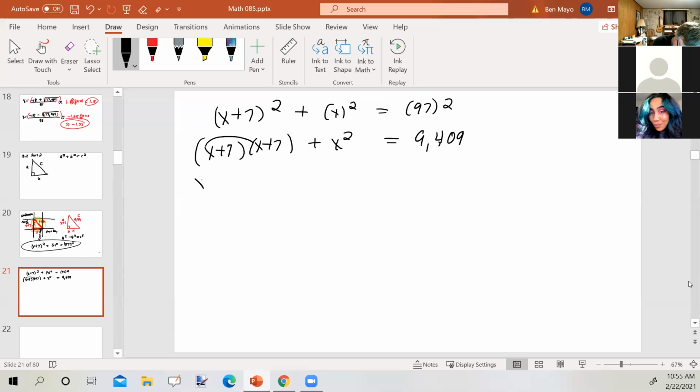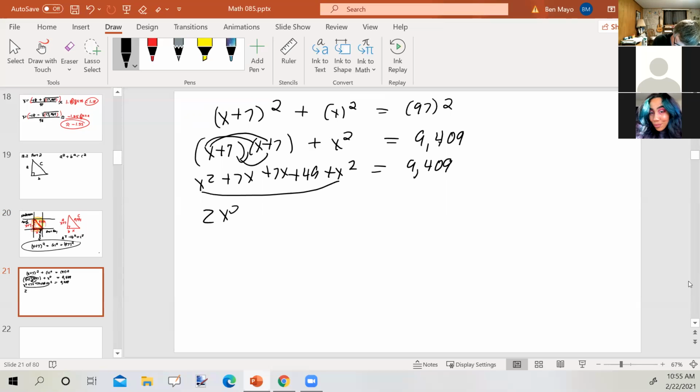So now I've got x² + 7x + 7x + 49 + x² = 9,409. Combining like terms, 2x² + 14x + 49 = 9,409.